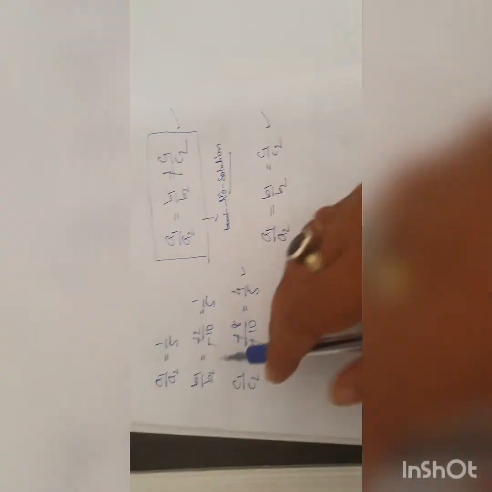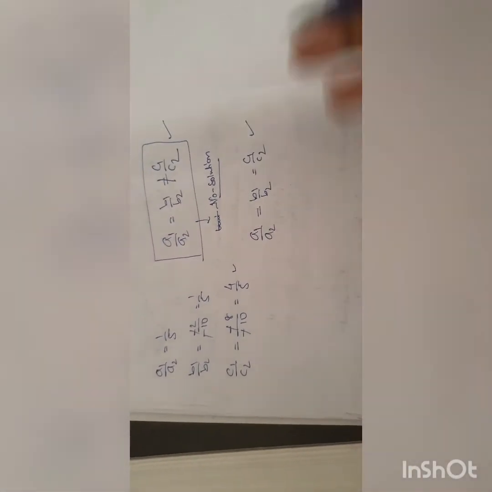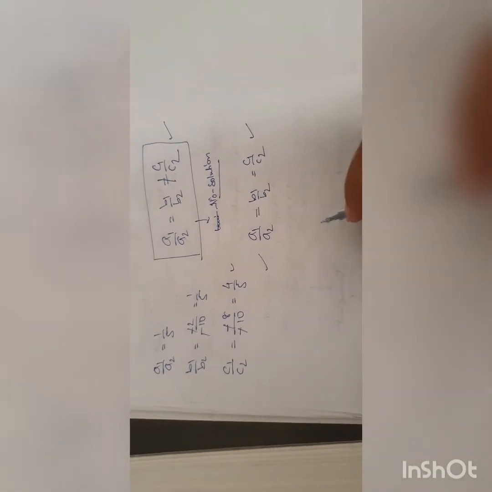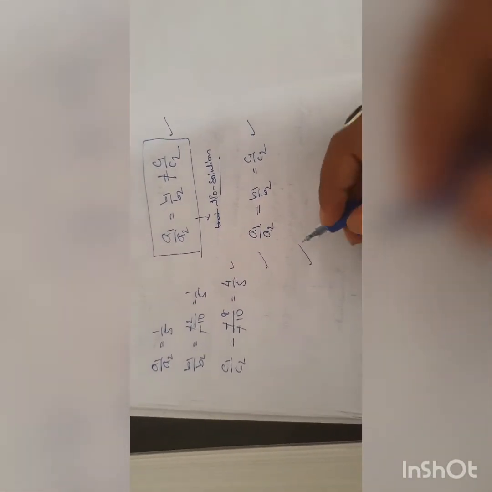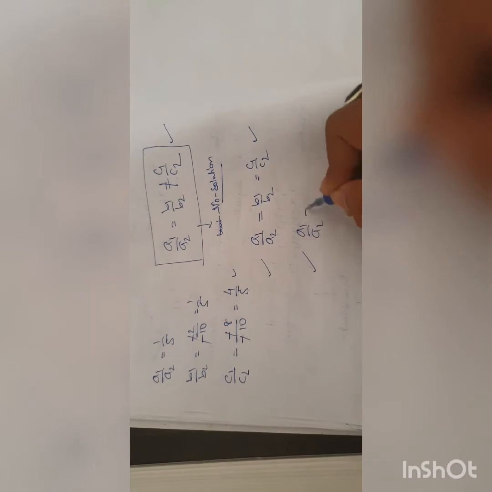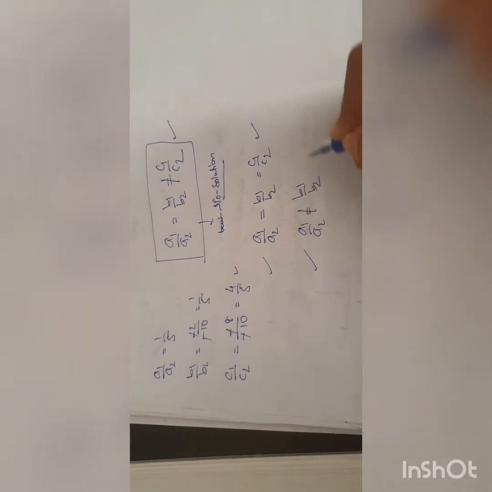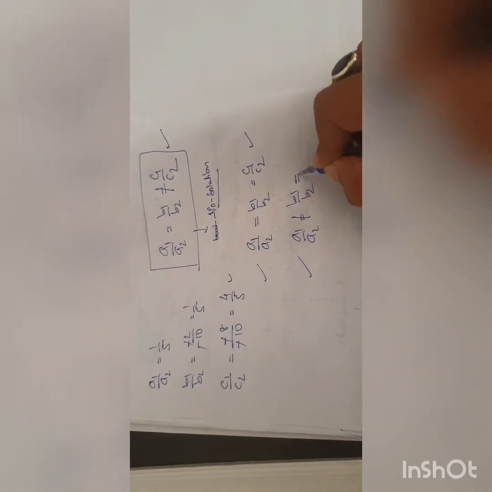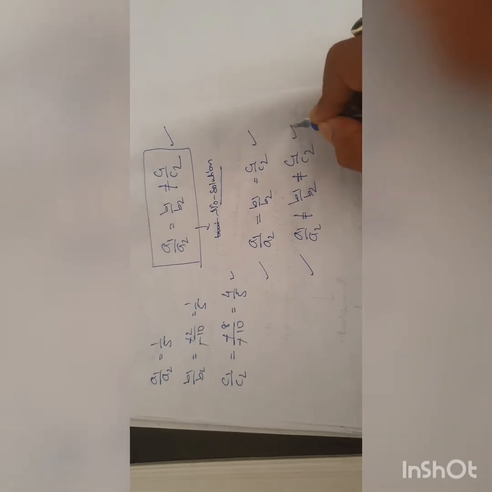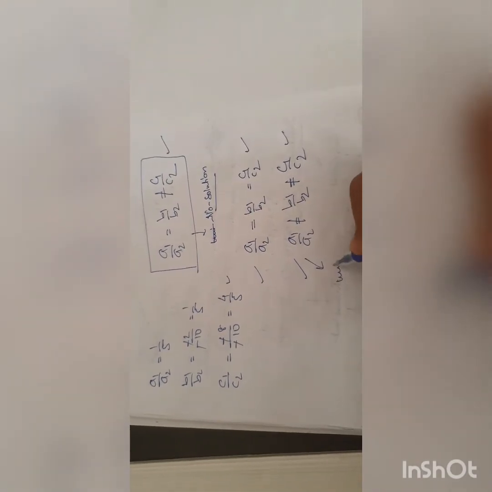Here the lines are parallel, the lines represented by these two equations, or any two equations of the system of equations given to you. And if it matches this one, a1 by a2 is not equal to b1 by b2, then you will say that it has a unique solution.